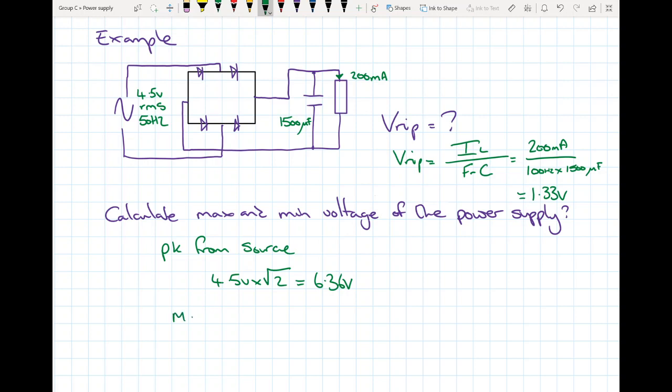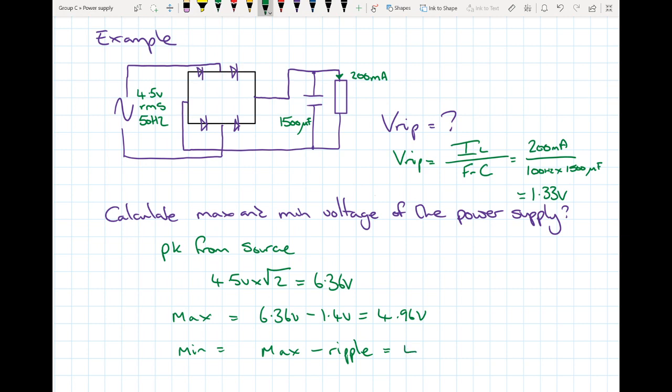Okay, and now we need to take into account what we've got from our diode. So our maximum voltage is going to be 6.36 volts minus the 1.4 volts, because this is a full wave rectifier, equals 4.96 volts. Now we can use that 4.96 to work out what our minimum voltage is, because our minimum voltage is going to be our maximum voltage minus our ripple.